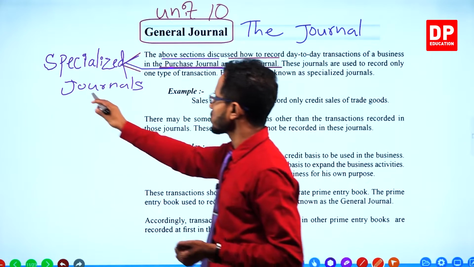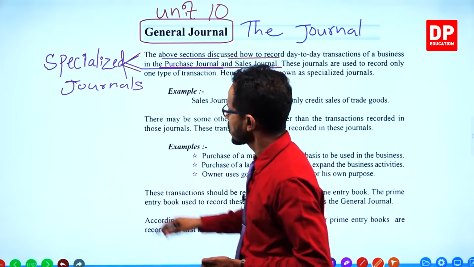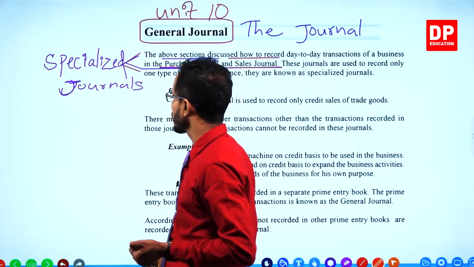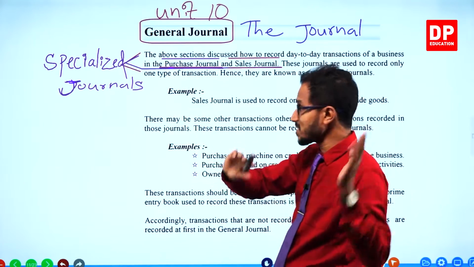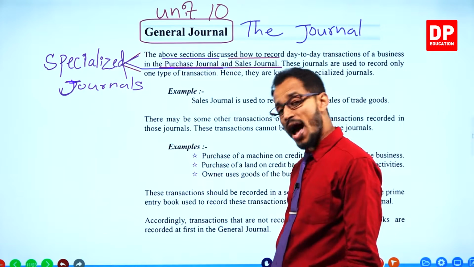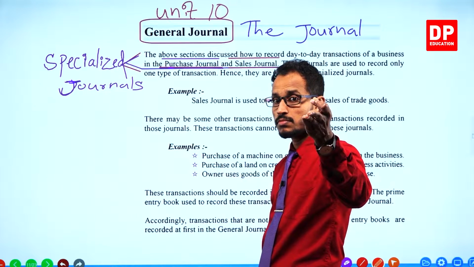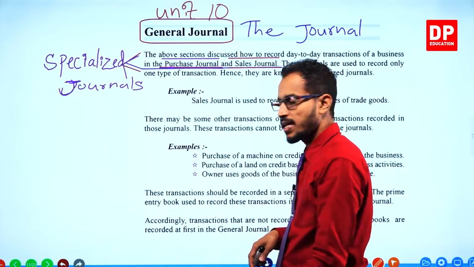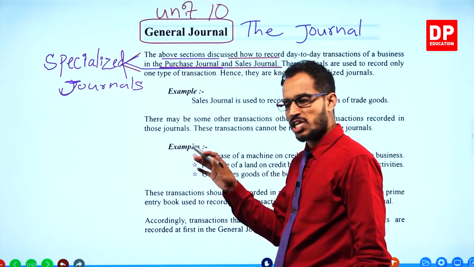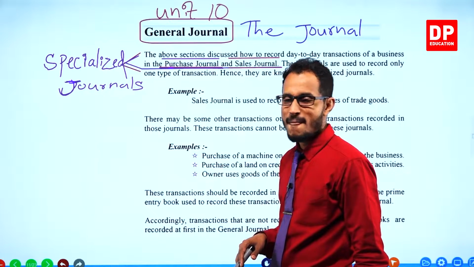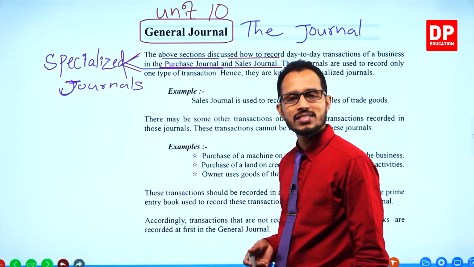Specialized journals. All right. Why do we call them specialized journals? Because they are specifically used for one type of transaction.